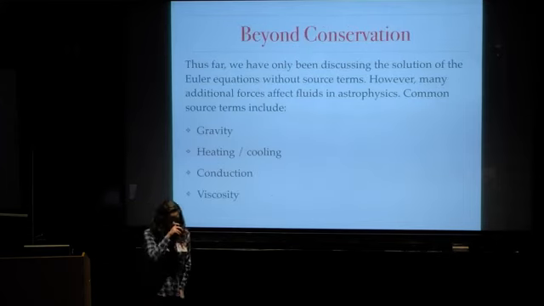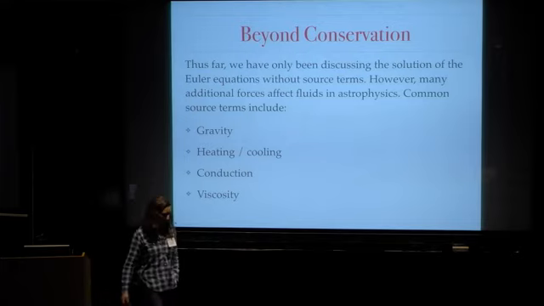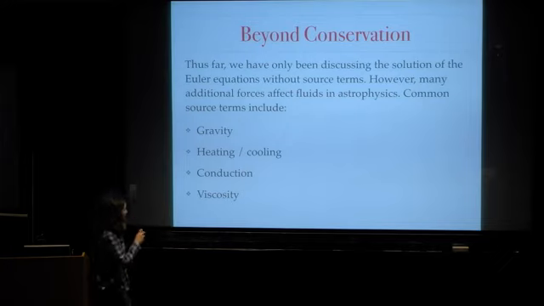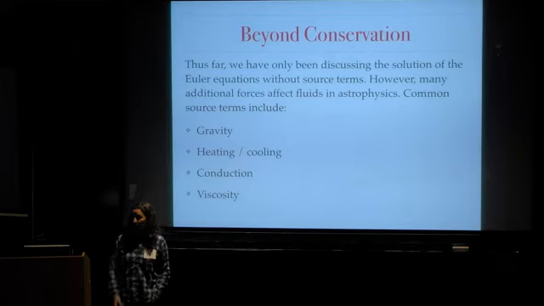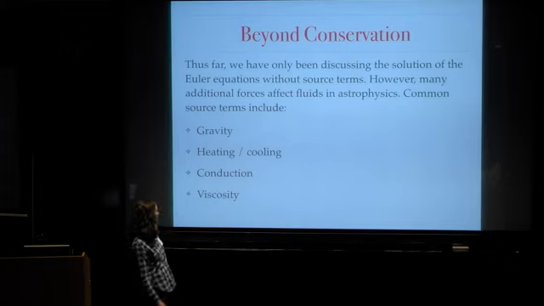Okay, so far, I have only been talking about the hydro equations without source terms. There's plenty more to say on that, but I thought I should at least mention how we couple some source terms, and you're going to get more detail on some of these things later in the week, but for some stuff that maybe won't be covered.